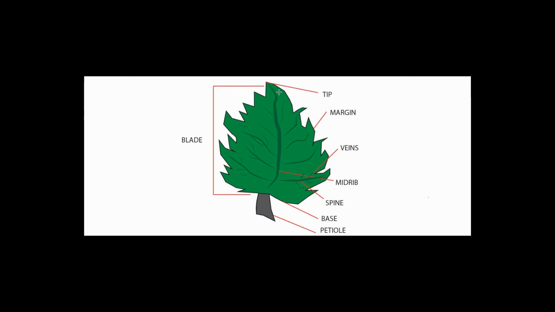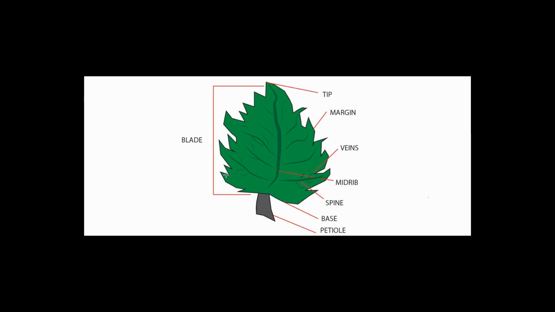Bear in mind that this leaf is just an example of a general leaf structure. We have a lot of classifications of leaf based on leaf margin, arrangement, leaf blade structure, etc.